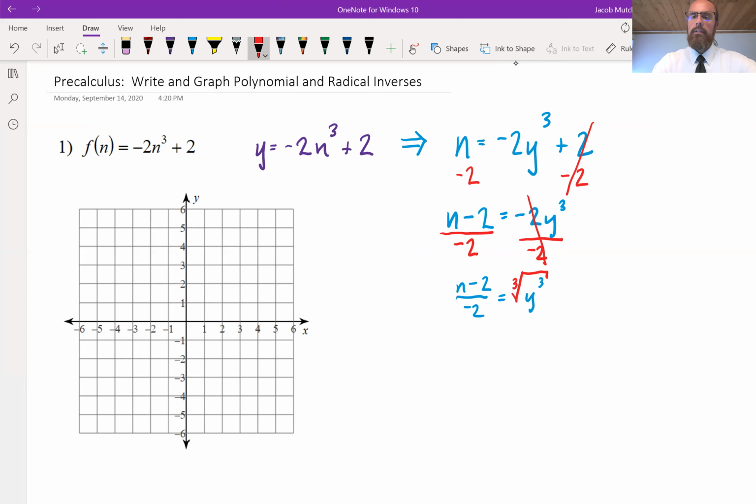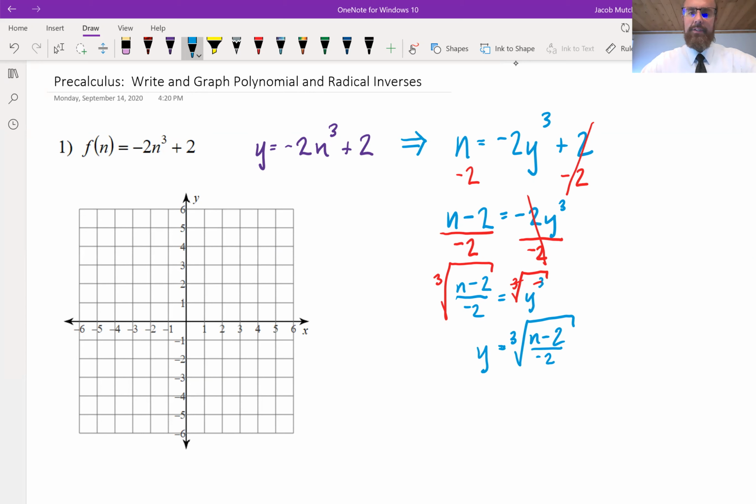So I'll take the cube root of y cubed, that'll cancel the cube, and that same cube root will appear on the left expression. So at this point, I've got my inverse is y equals the cube root of the fraction n minus 2 divided by negative 2. So that entire fraction's within the cube root radical.